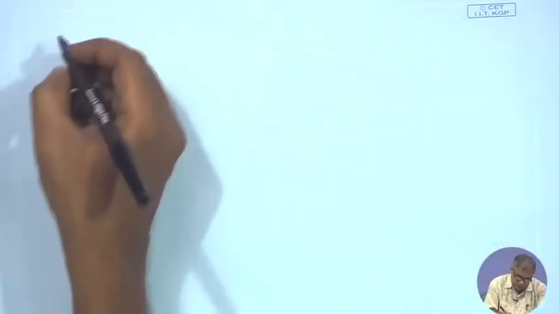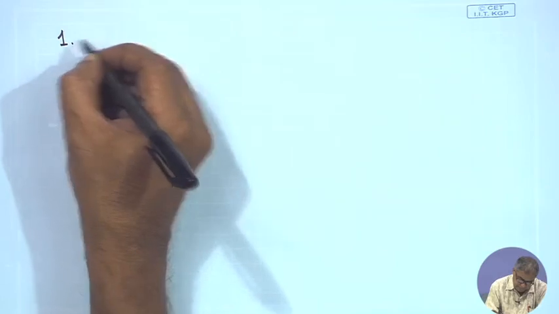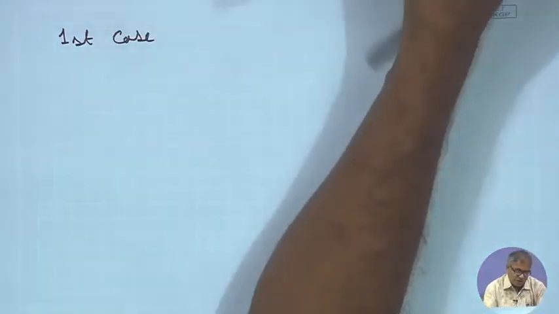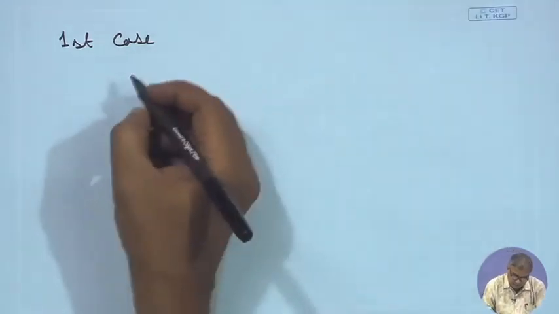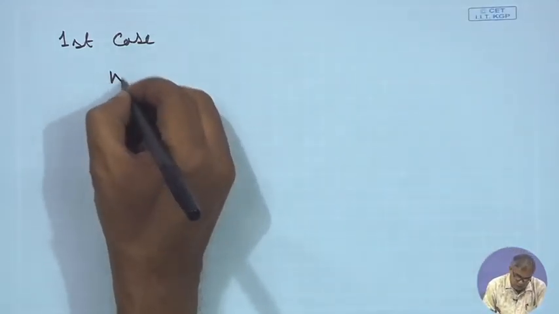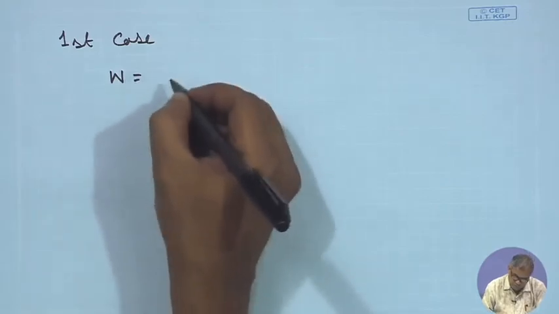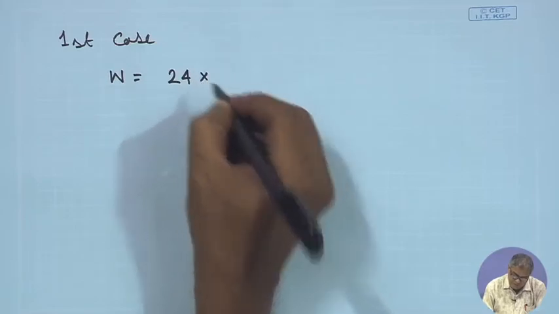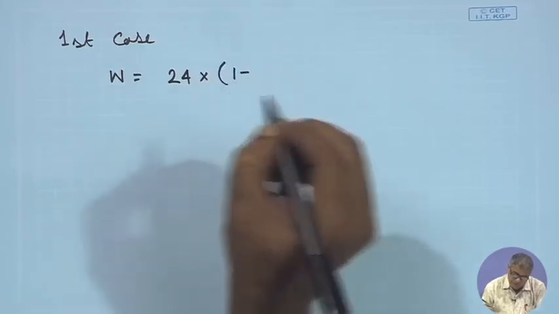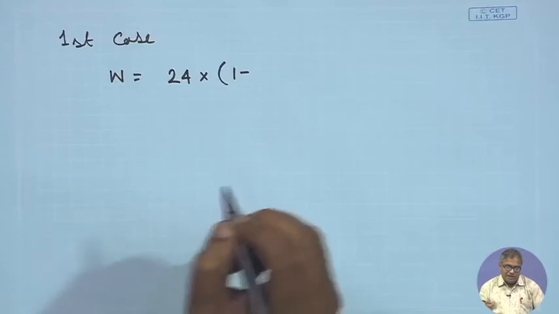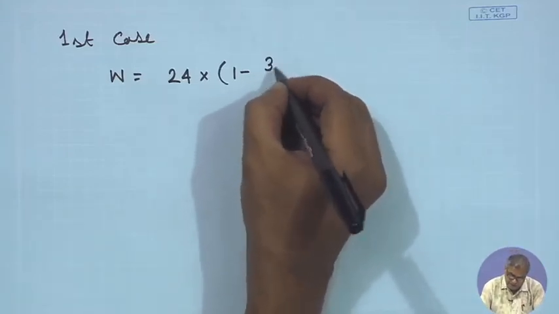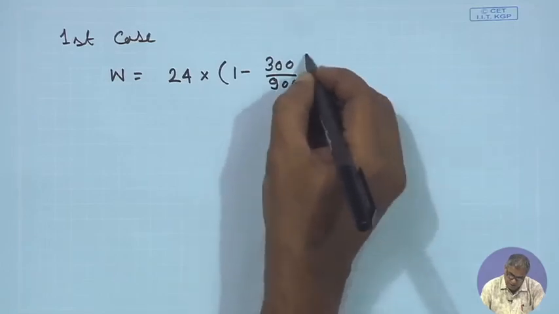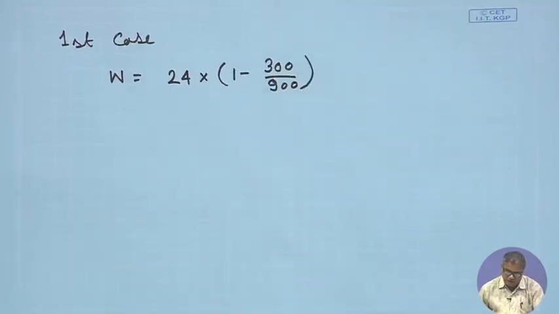So, in the first case, W is equal to 24 kilowatt into the efficiency, that means 1 minus T2 by T1. In both cases, T2 is 300, and in the first case, the source temperature is 900.